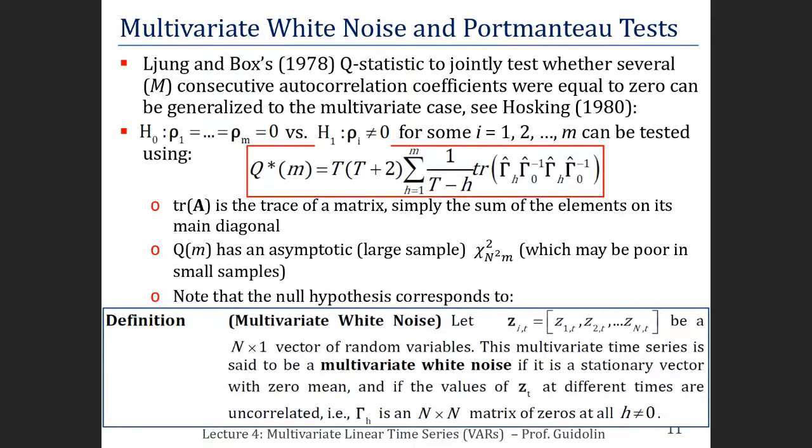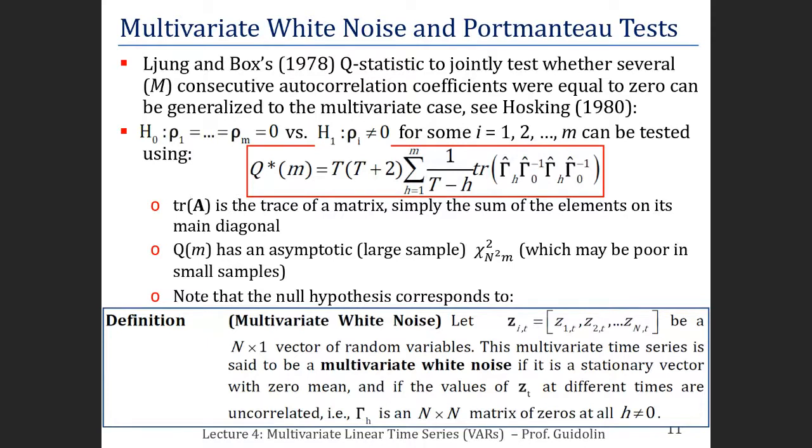So it's a complete lack of memory that goes not only within a variable looking at the past and the future, but it also goes across each possible pair of variables. It's absolute absence of any kind of memory.